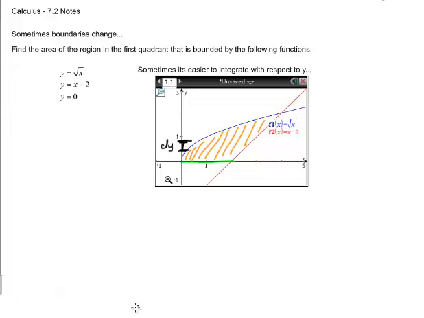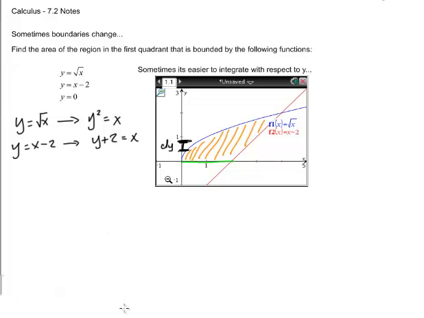Okay, so all we need to do then is just make all our equations say x equals, and once those equations say x equals, then this becomes not a problem. So where I've got y equals the square root of x, this becomes y squared equals x. Where I have y equals x minus 2, this becomes y plus 2 equals x.